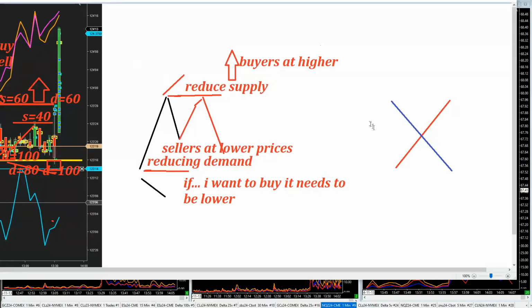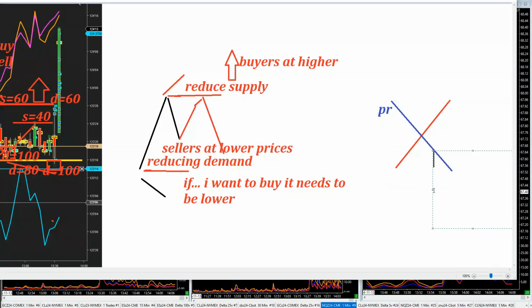We've got price here and volume here. So the blue line is demand and the red line is supply. Simply read, as the price rises, supply should increase. And if supply increases and demand decreases, the price then tops out and reverses down.